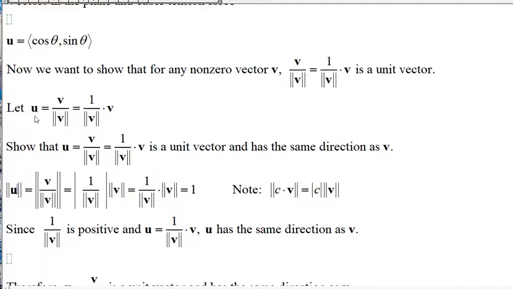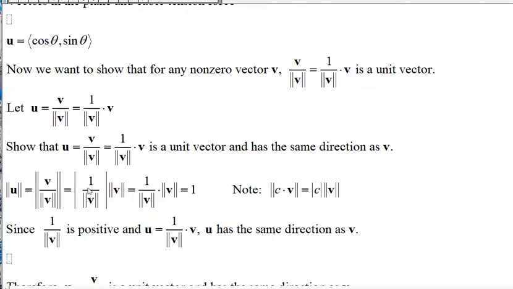And so the magnitude of u is the magnitude of v divided by the magnitude of v. Recall that the magnitude of a constant times a vector is the absolute value of the constant times the magnitude of the vector. And so here we have this vector v divided by the magnitude of v, which is the same as 1 over the magnitude of v times v.